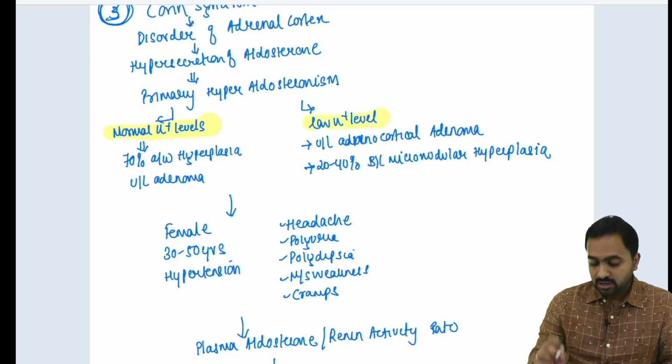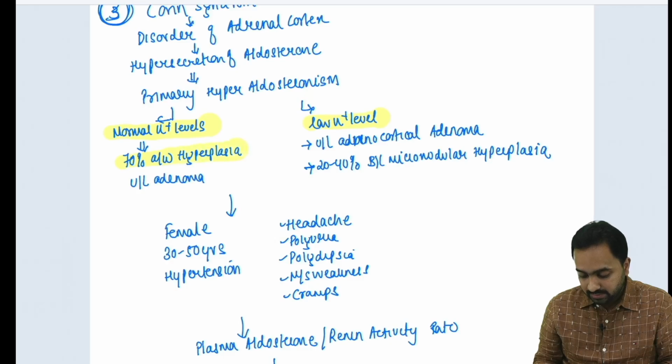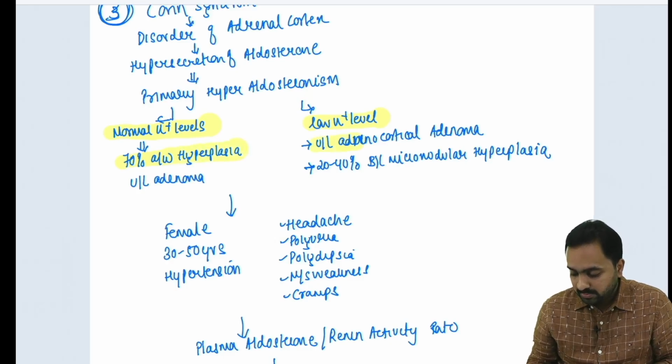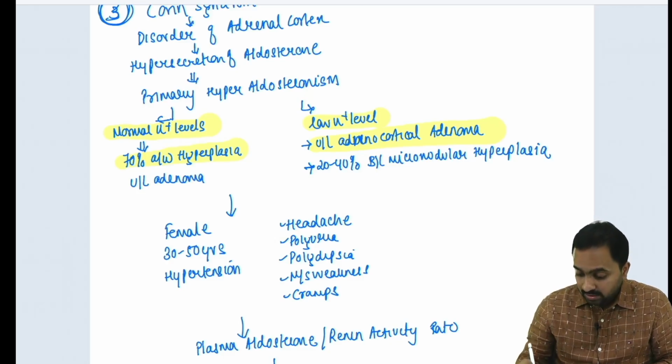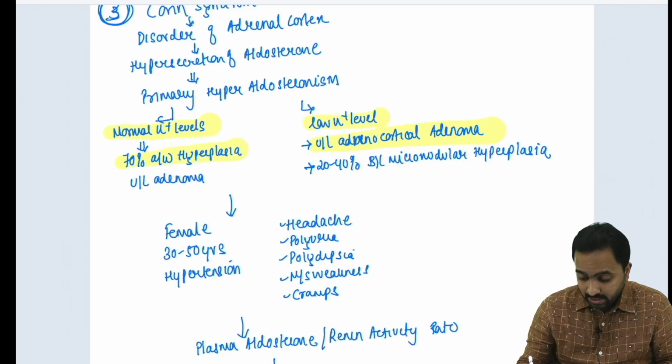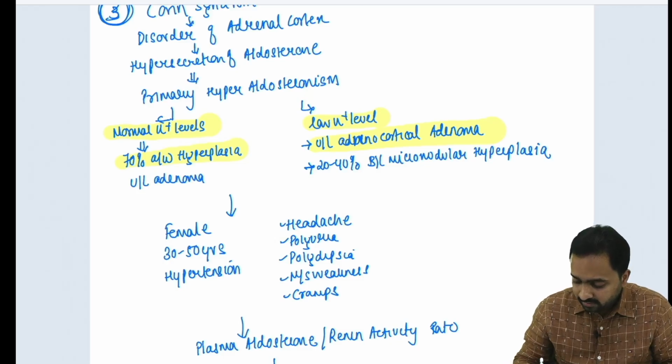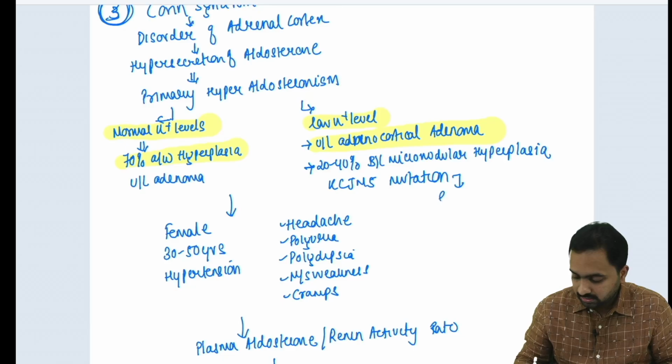In case of normal potassium level, it is 70% associated with hyperplasia, whereas low potassium level is associated with unilateral adenoma. Now, in case of low potassium level, I would like to add one more point over here. It is often related to KCNJ5 mutation, which is encoding potassium channels.